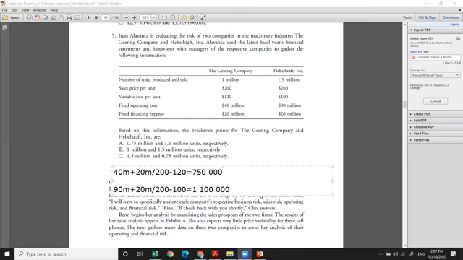Now we can just compare what we found, and it seems the answer we select is A: 750,000 and 1,100,000 units respectively. So it's a straightforward calculation.